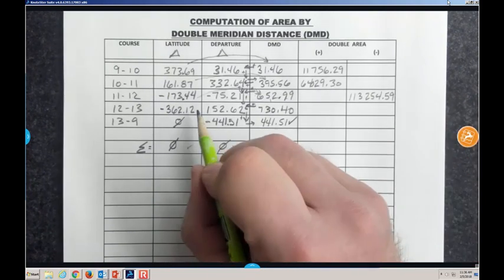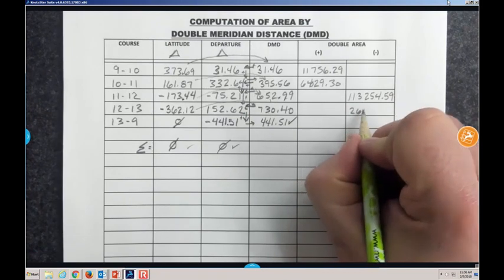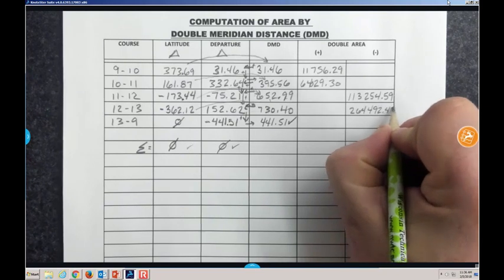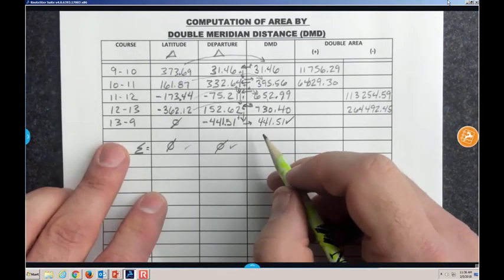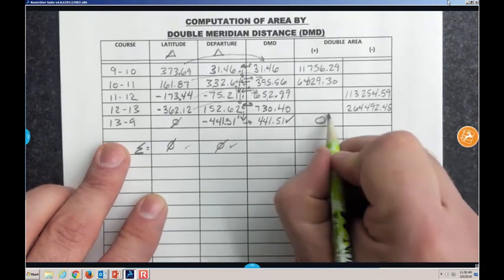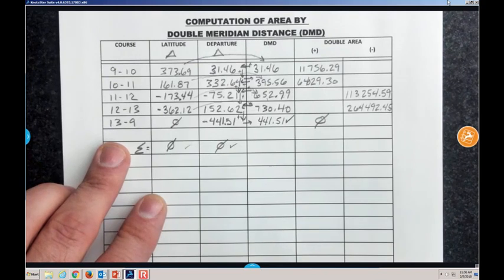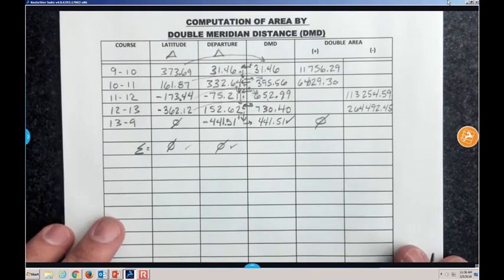How about the next one? 264,492.45. That's in the negative column. And then the course from 13 to 9 is 0, right? Because it's 0 times 441.51. In the positive column.